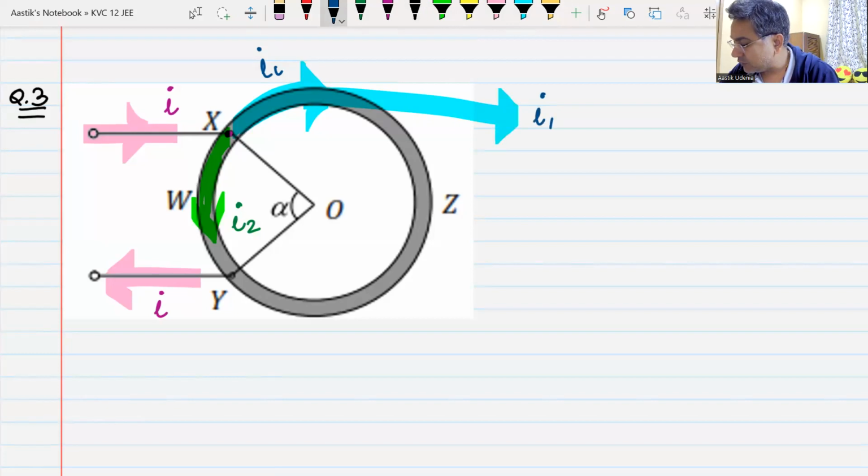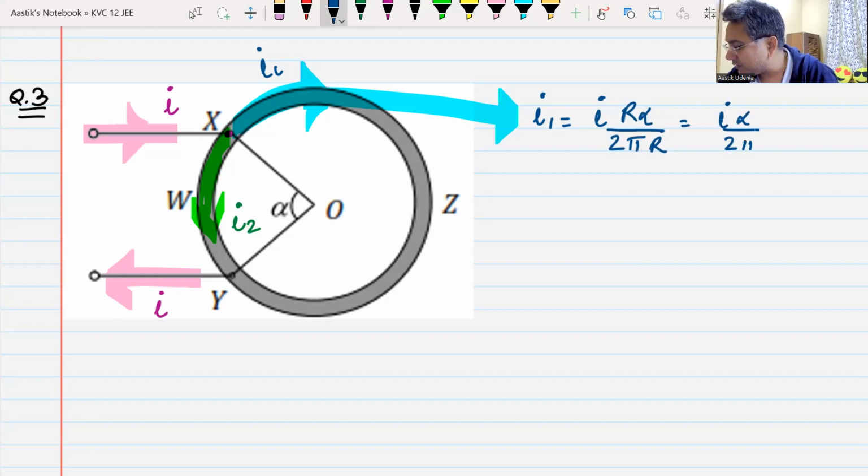I1 will be equal to I into the resistance of the second wire. What is the resistance of the second wire? R2, R alpha by 2 pi, divided by the total resistance, and total resistance you know is R. It becomes I into alpha by 2 pi.